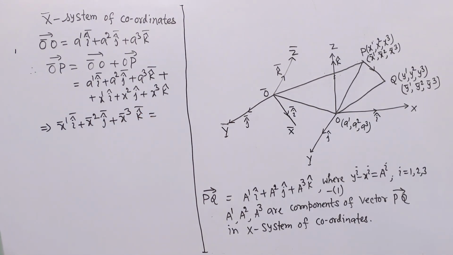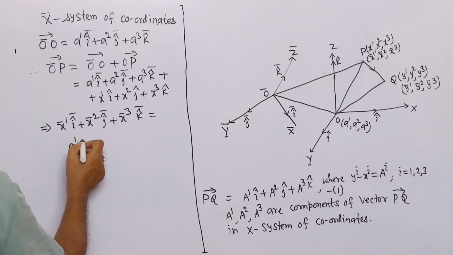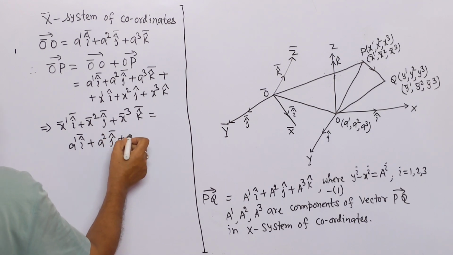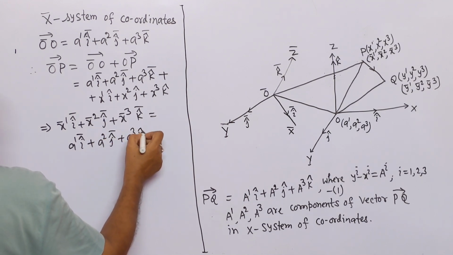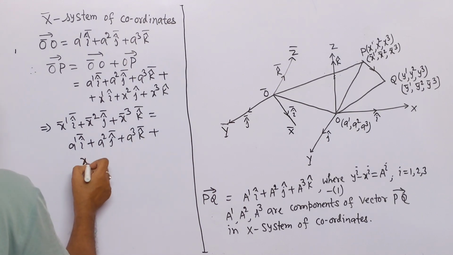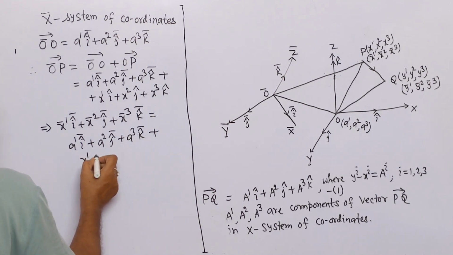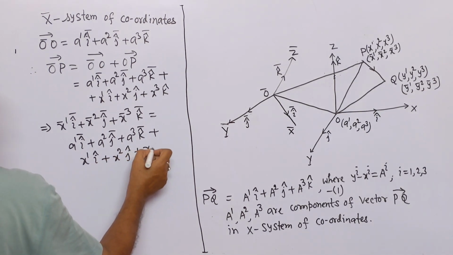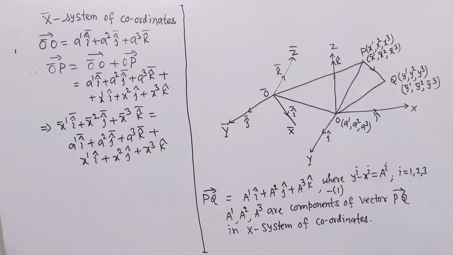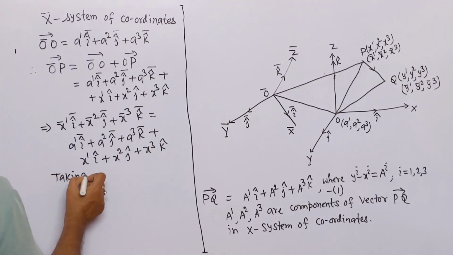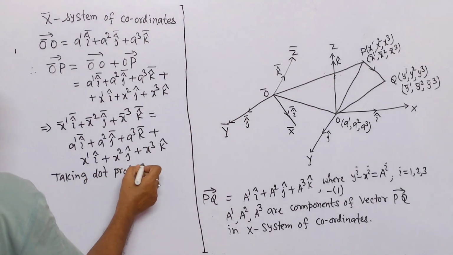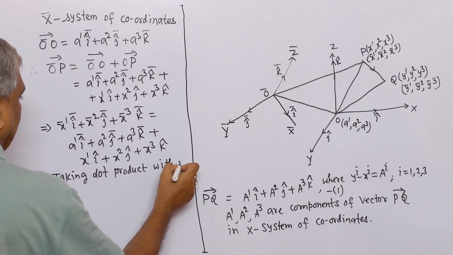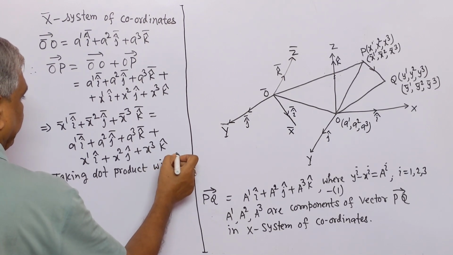This equals a1 i cap bar plus a2 j cap bar plus a3 k cap bar plus x1 i cap plus x2 j cap plus x3 k cap, taking the dot product with i cap bar.